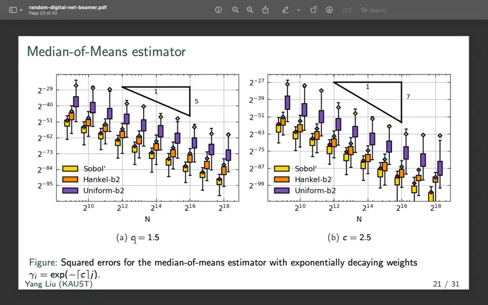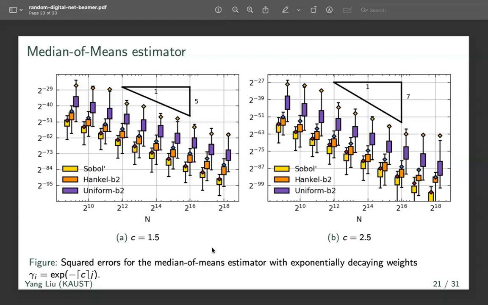Here we have two choices, c equals 1.5. All of these three methods converge at the theoretically predicted convergence rate, which is here, because this is a squared error, so the convergence rate order would be 5 divided by 2.